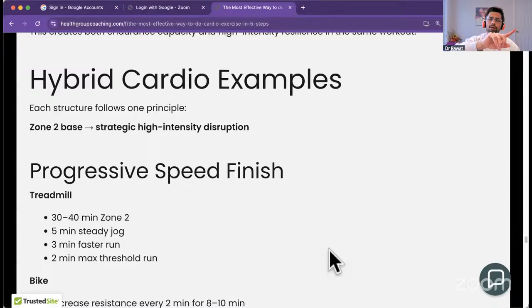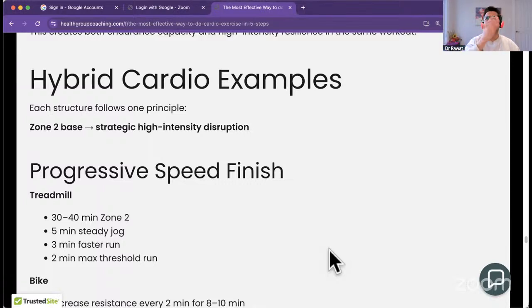So as soon as the clock hits zero, full speed for 15 seconds or maybe 30 seconds, whatever your capacity is, and then slow back down to zone 2 till the clock goes back to zero. And then again 15 seconds of high speed, and then slow down again. And when you hit zero, again high speed.